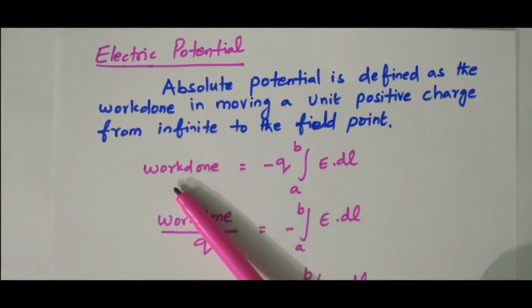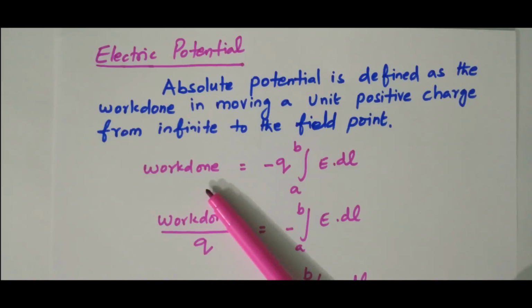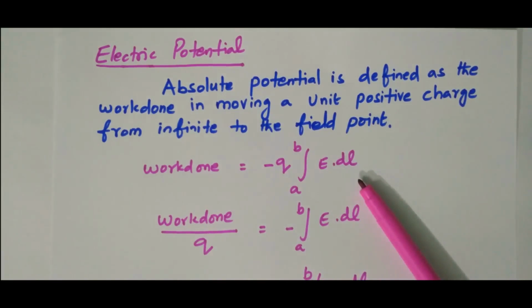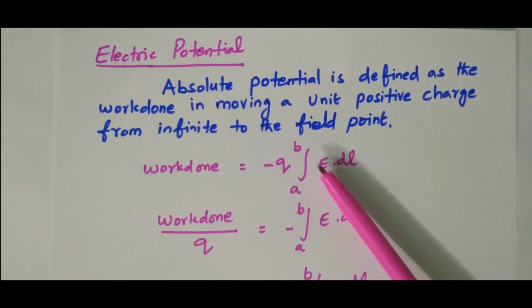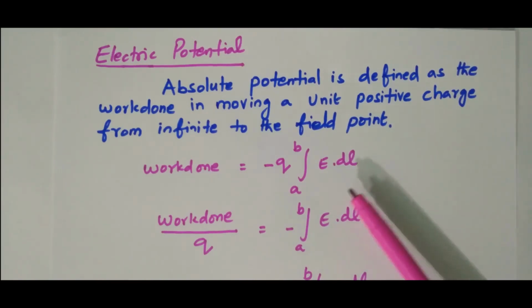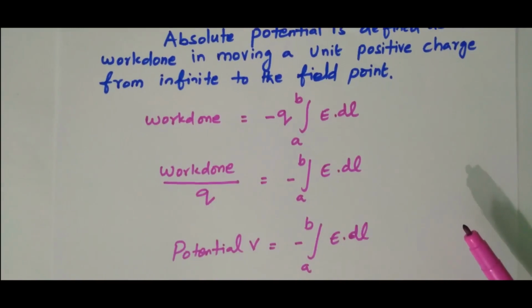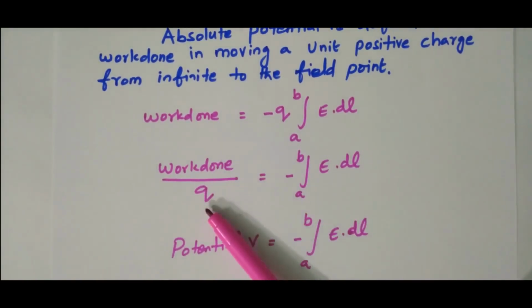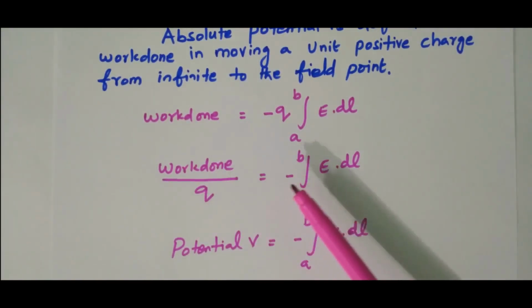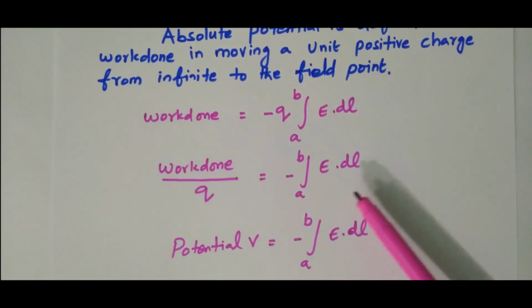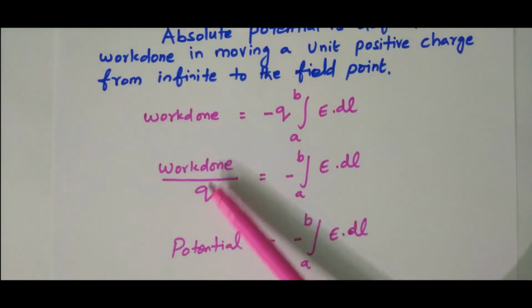Now we'll first write the work done. What is work done? Just now we discussed: minus q integral a to b E dot dl. Right? Now bring this charge into the denominator. So work done divided by charge equals minus integral a to b E dot dl, right? What is the work done by the charge?